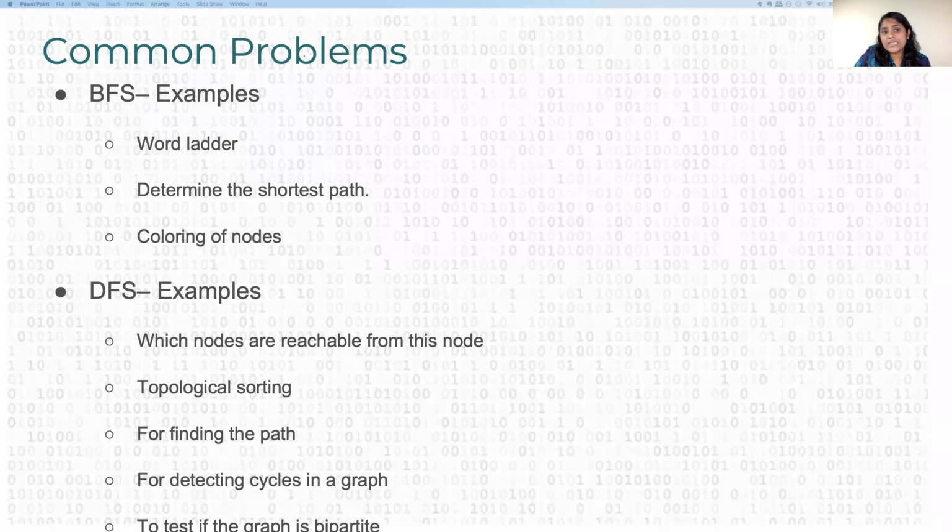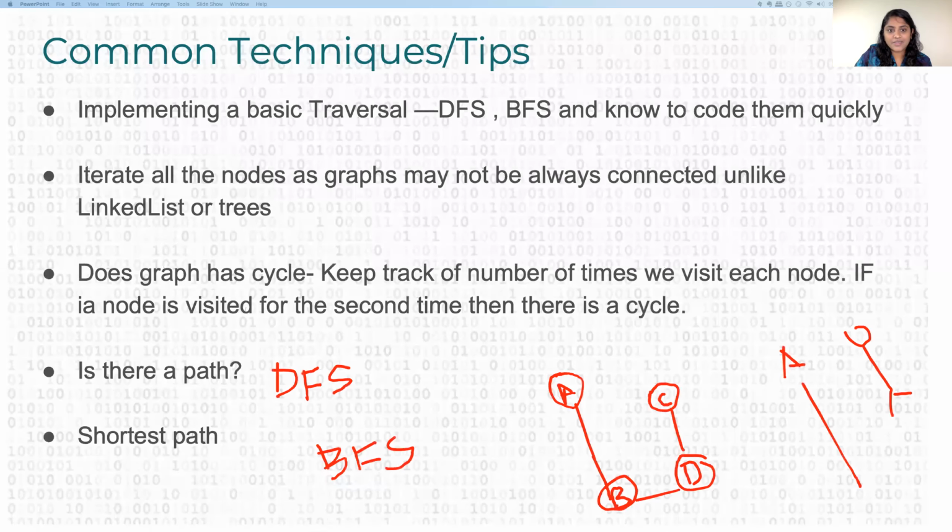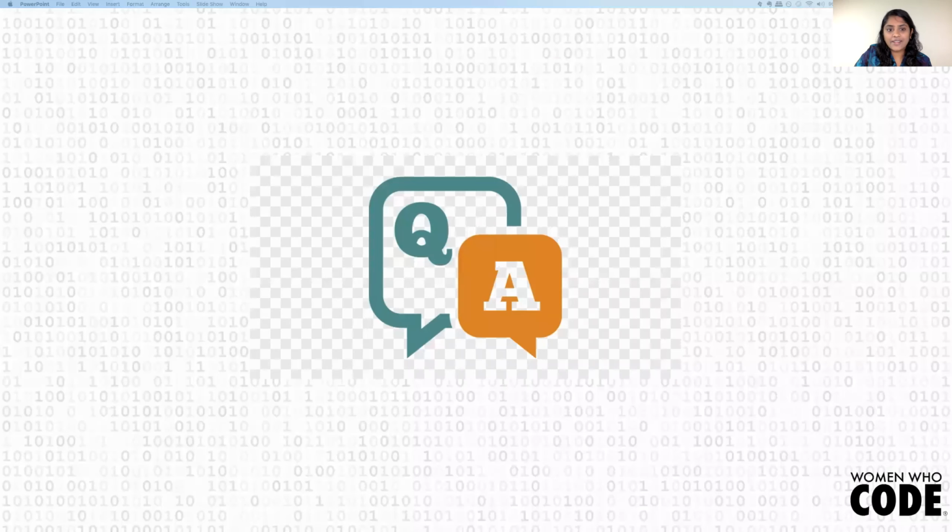If you get comfortable with these, I think that's a good step toward solving graph problems. Yeah, I think that's pretty much what I had. If you have any questions, we can try to answer them and get into a discussion, but I'll leave it up to you guys.